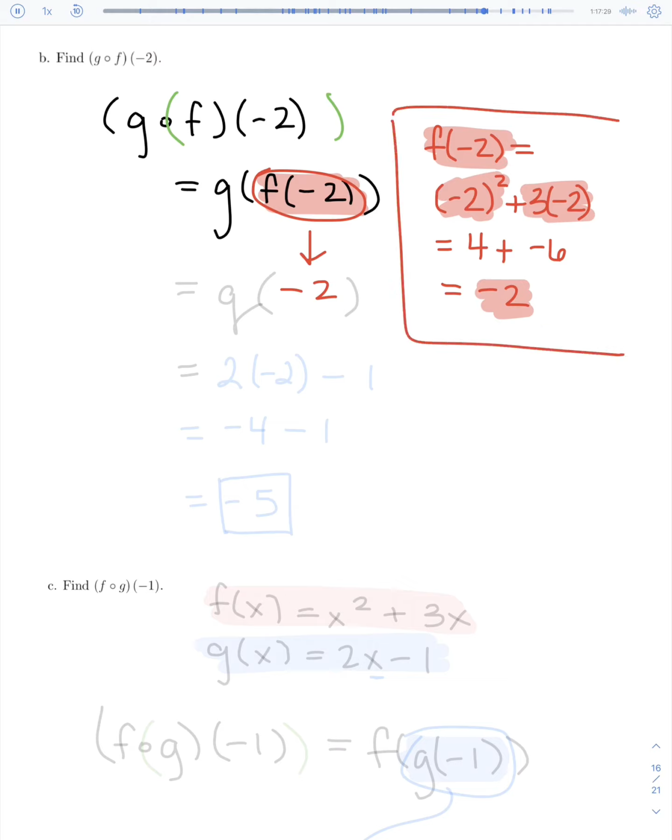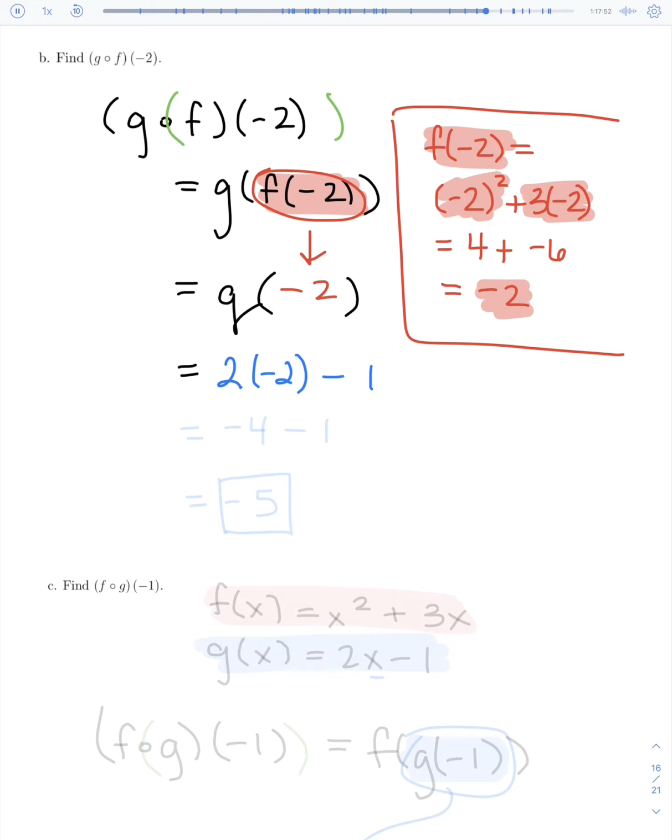That's kind of our side work. We still have to take whatever we got there, and we still haven't dealt with g yet, and we have to take that and plug that into g. So the question is, what does function g tell us to do? Well, function g looks like 2x minus 1, and we're replacing the x with a negative 2.